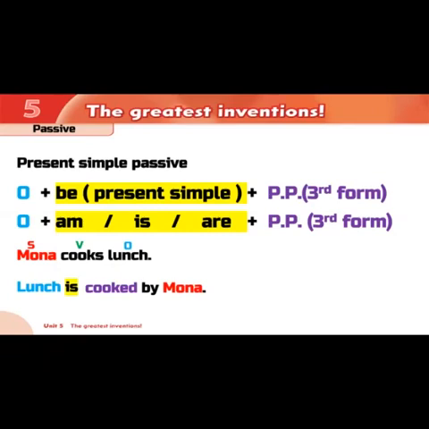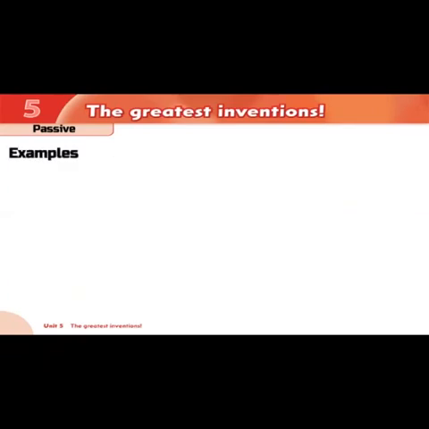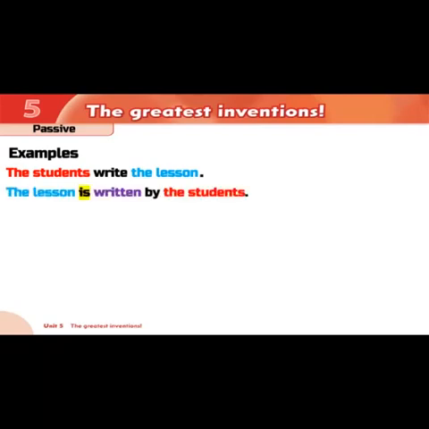Let's take another examples. The students write the lesson. The students is the subject, write is the verb, the lesson is the object. It will be the lesson is written by the students. Next one, my sister eats sandwiches.